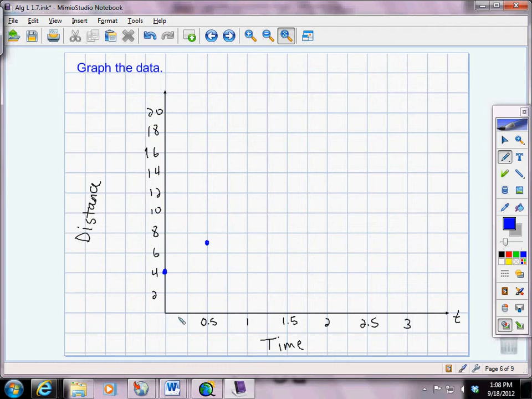Your graph will look a little different if you didn't skip each line here like I did. It's okay, as long as I tell you I'm doing that by labeling the axes. 1 was at 10. 1.5 was at 13. 2, 16. And 2.5 was at 19.